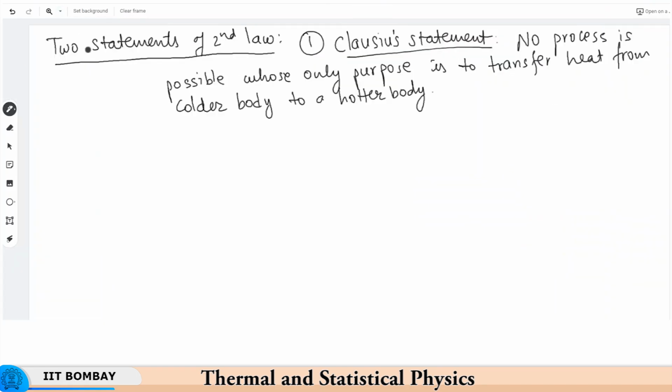So, the glass of water does not really phase separate into ice and hotter water, right. So, that just never happens. Such is the nature of this universe that we are living in, right. So, that is the first statement, and the second statement is due to Kelvin, it is called Kelvin's statement.